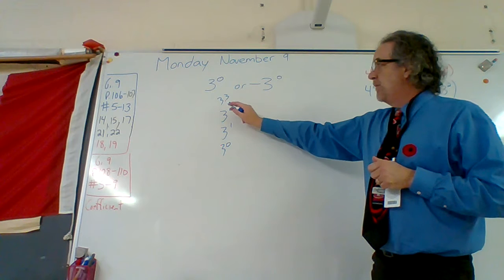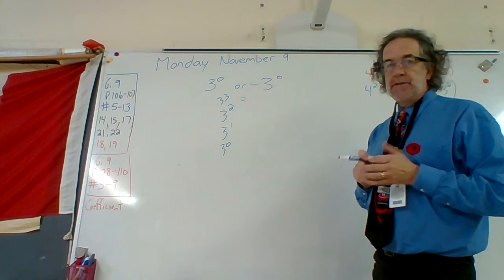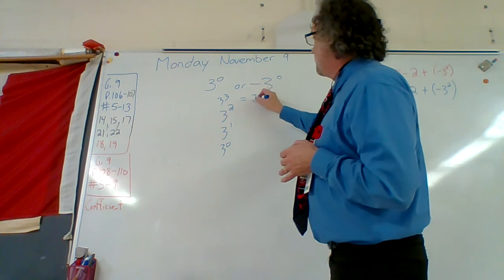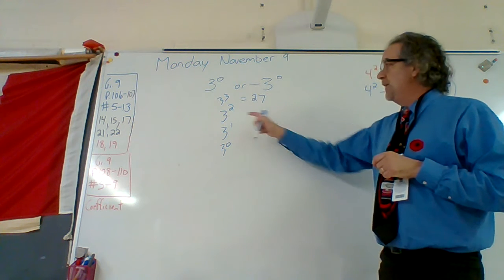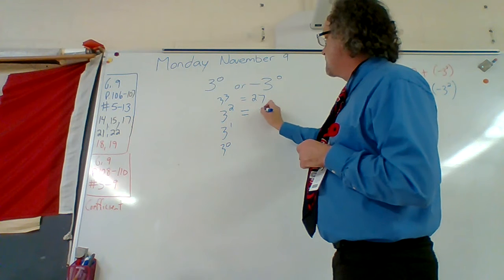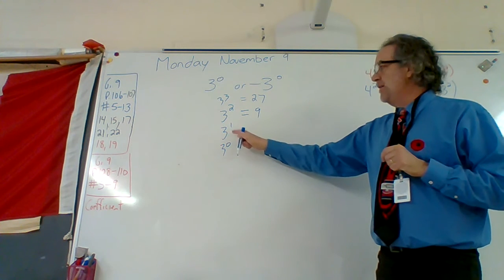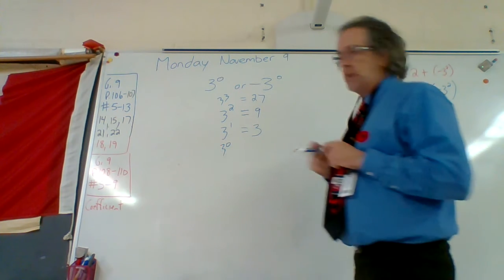If you have 3 to the exponent 3, that means 3 times 3 times 3, that equals 27. When you have 3 squared, that equals 3 times 3, which is 9. If you have one single 3, 3 to the 1, that equals 3.